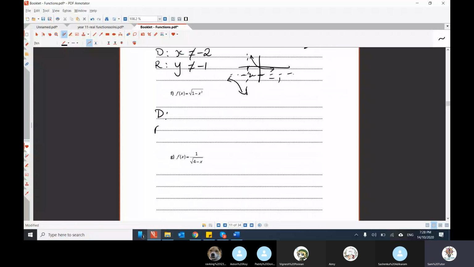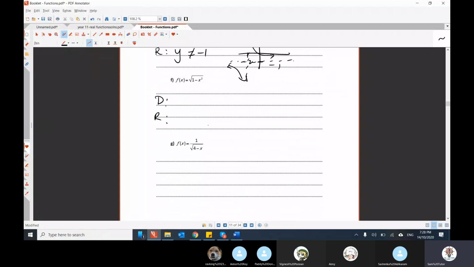And this one, domain and range for the square root of 1 minus x squared. Anybody?